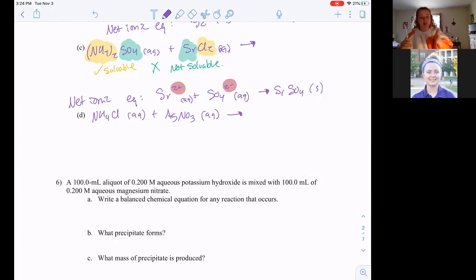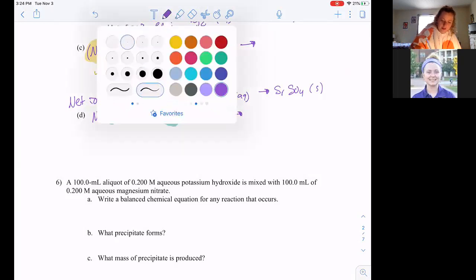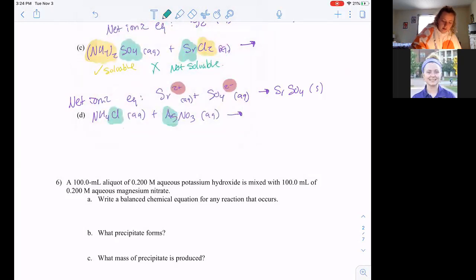Anything with NH4+ is always soluble. Always. AgCl is insoluble, so let's highlight that again. That's a no-go. It's not soluble because Ag is an exception.